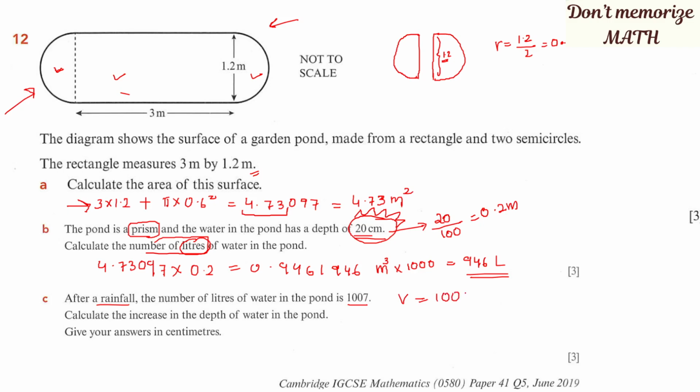Volume is 1007 in liters. All our dimensions are in meters and meter cube, so we can change this to meter cube by dividing the volume by 1000. When you divide by 1000 you will get 1.007 meter cube.